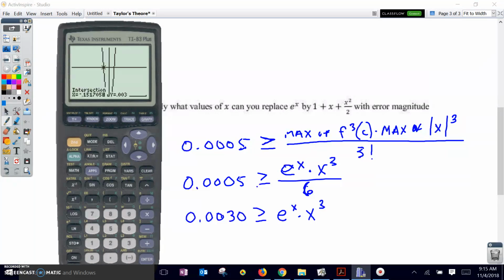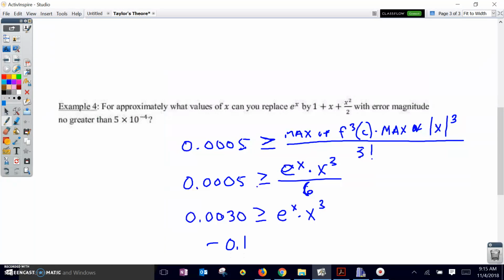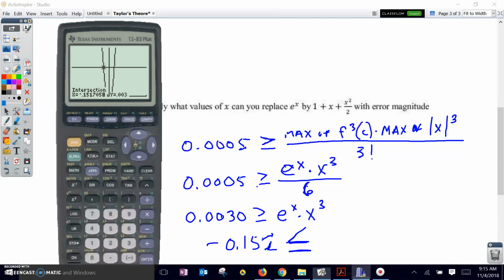And I'm going to round these out, so I've got -0.152 as one endpoint. Having all kinds of trouble writing.